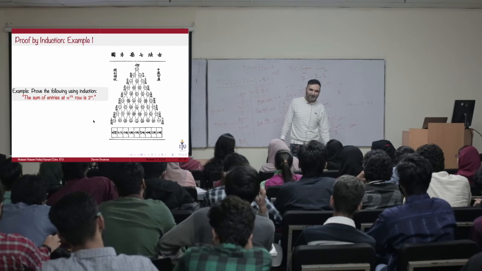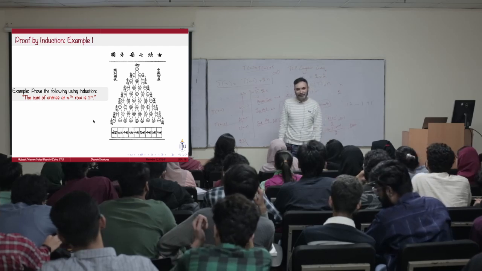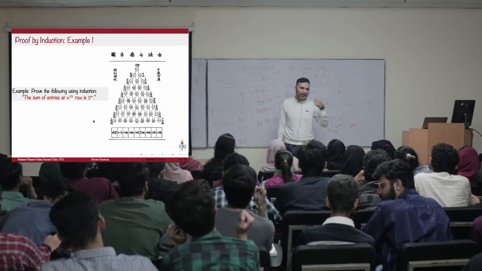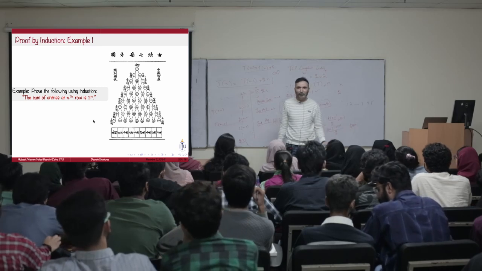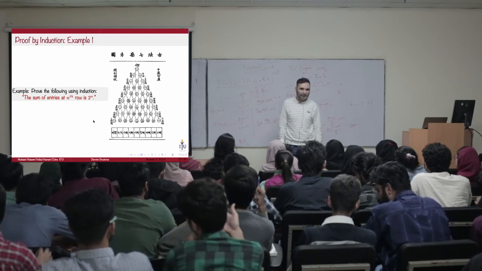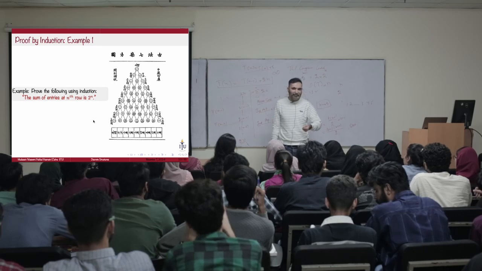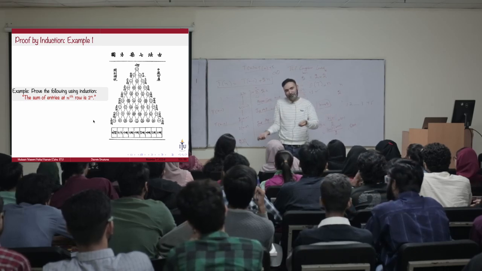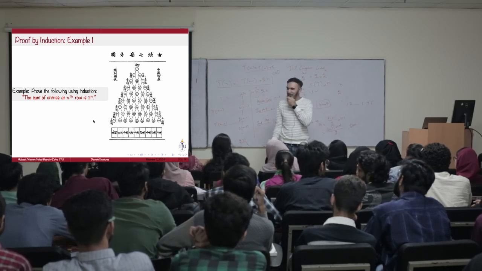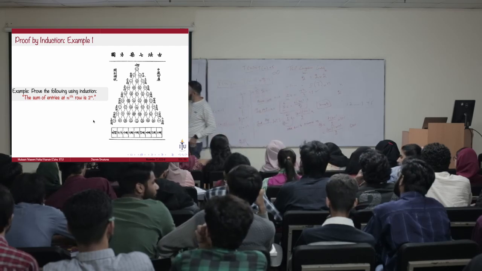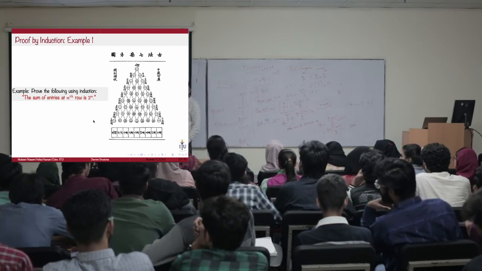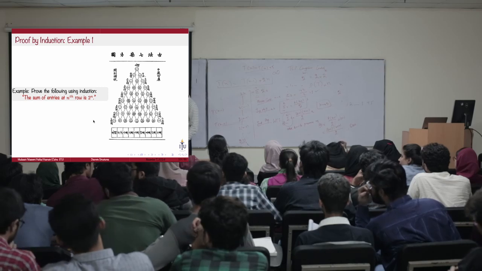That's it. That's the story. Every guy is contributing double to the next row, and that's the whole contribution of the next row, which means the sum of the entries in the next row is going to be double the sum of entries in my row.